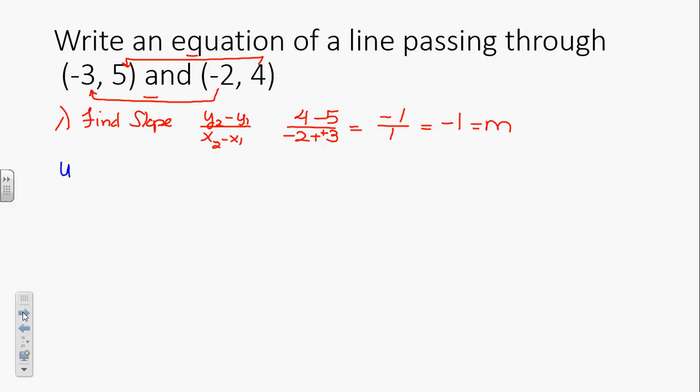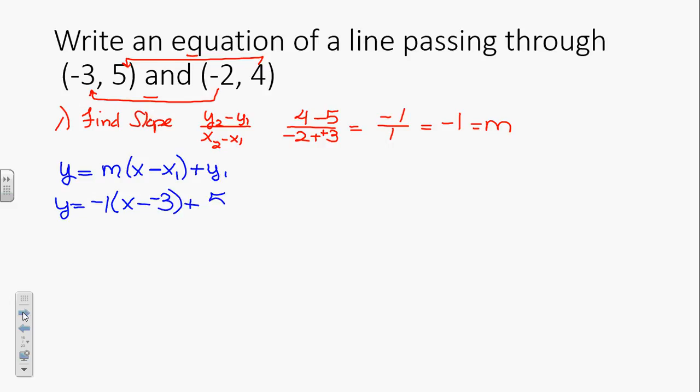So y equals our slope times x minus its coordinate plus the y coordinate. Write it down every time until you don't have to think about it anymore. It's so natural. Okay, so y equals, what's our slope? -1, x minus, what's x's coordinate? -3, so minus a -3 plus the y coordinate.